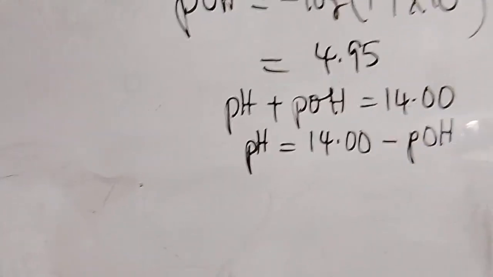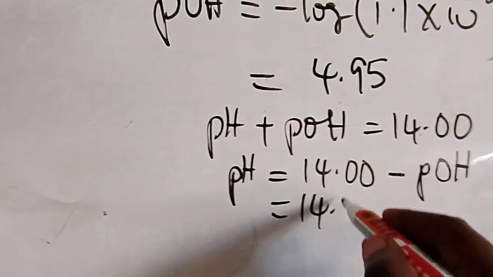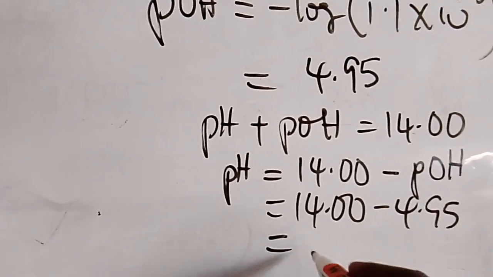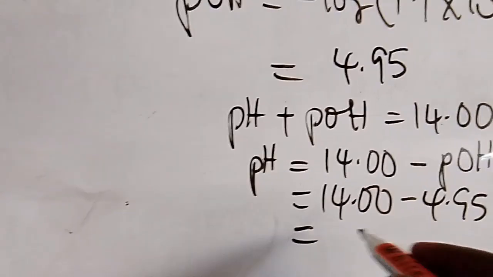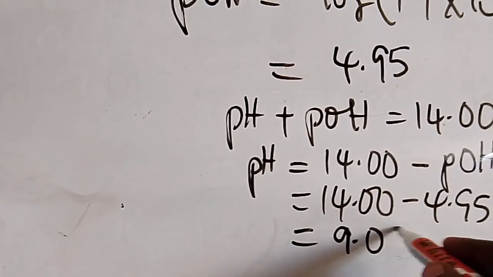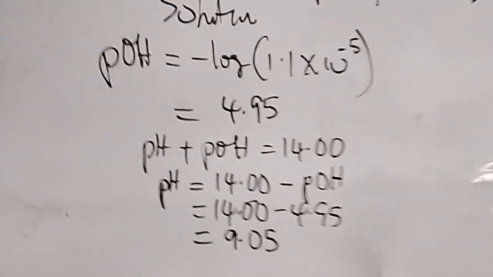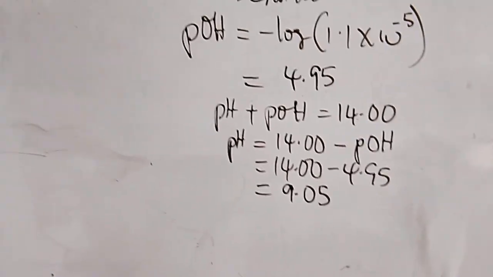In this case we know our pOH, so it will be 14.00 minus 4.95, which, when you subtract, will give us 9.05. Okay, so you can see that this pH is greater than 7.